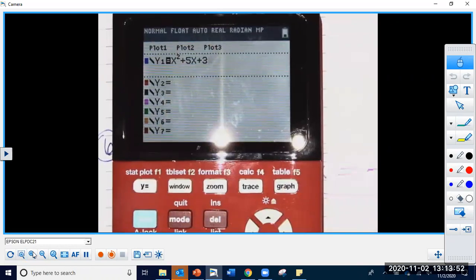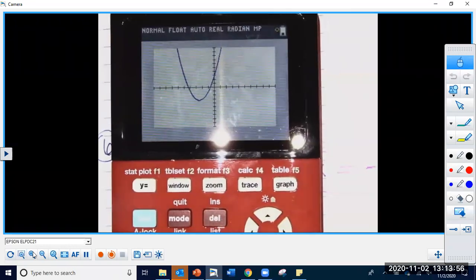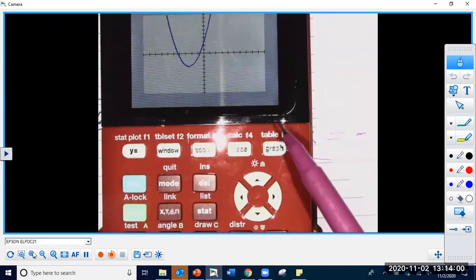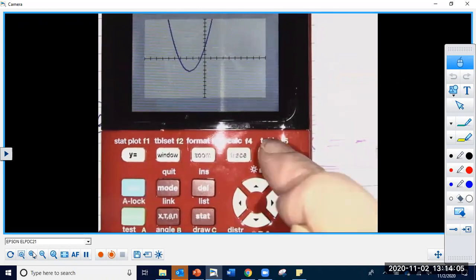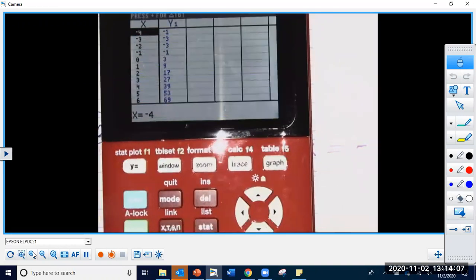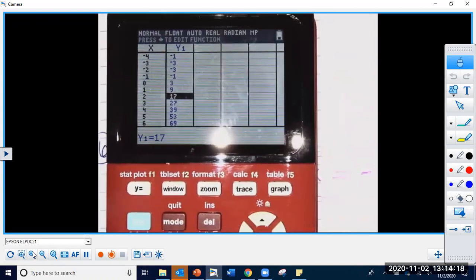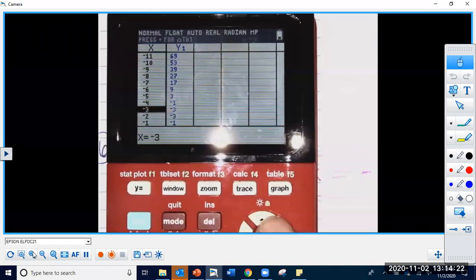If they are, just arrow up, hit enter. Graph it, and then above graph you've got a table option. It's going to give you your table of values. So second, go to table, and then you can arrow over, or you can hit y is 0 and arrow up, and wherever y is 0 is going to be your x-intercept.